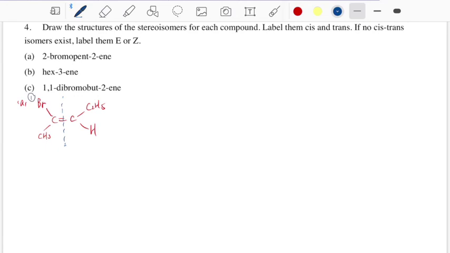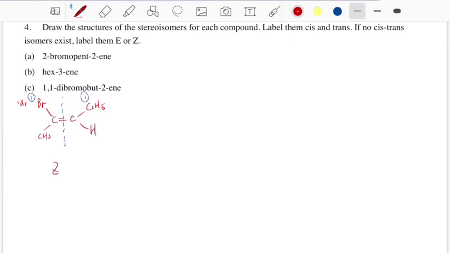Bromine should have higher priority. On the right hand side we compare carbon with hydrogen, so carbon should have higher priority. The priority groups are on the same side of the double bond, so we name it as the Z isomer.